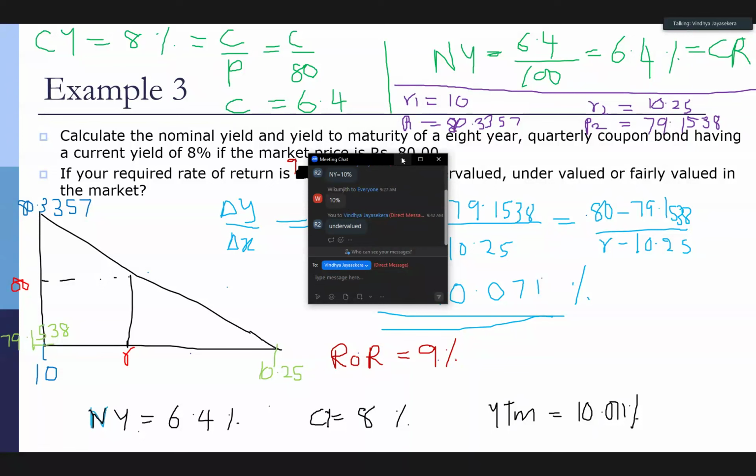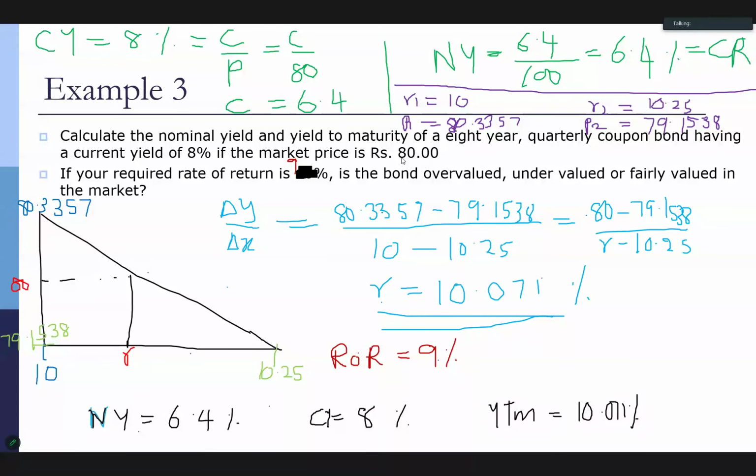Probably yes. 59, correct. So good. So what are you comparing against? Do you compare your required rate of return against nominal yield, current yield, or yield to maturity? Rangan, correct. 38, no.